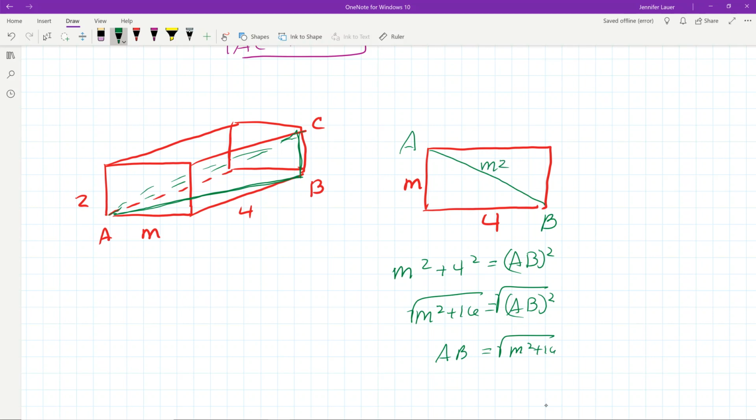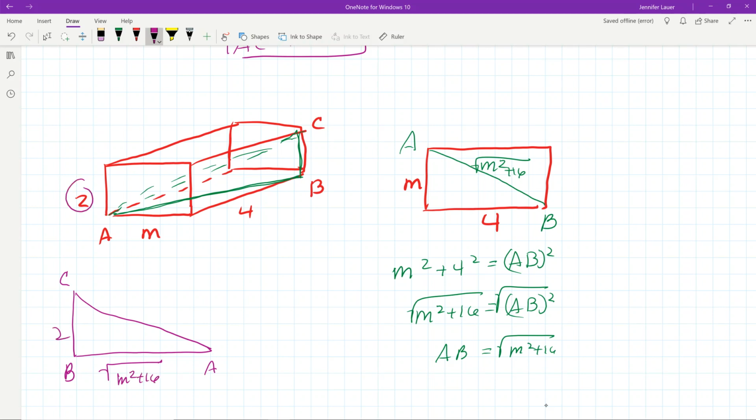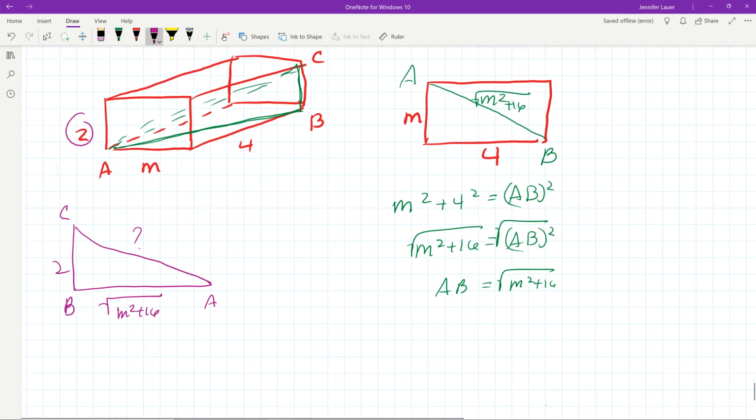Now I'm going to extract this triangle. Now just so you know, this is going to be C here and B here. This is A. This part right here is AB, which is the square root of M squared plus 16. The height is 2.